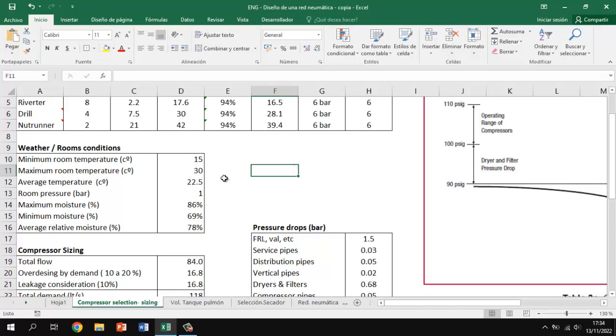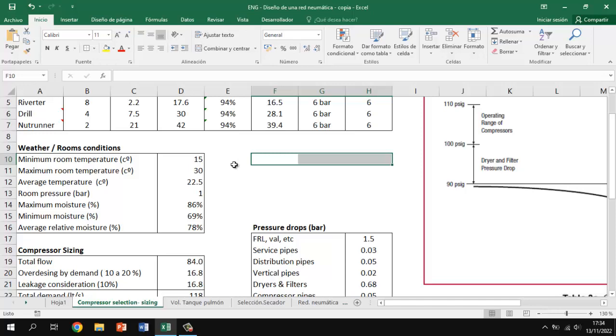Typically, a well controlled or managed air leakage is 10%. Could be less, but could be more. So how can I know how much leakage to consider? That's going to depend on the place where you are designing this pneumatic system.